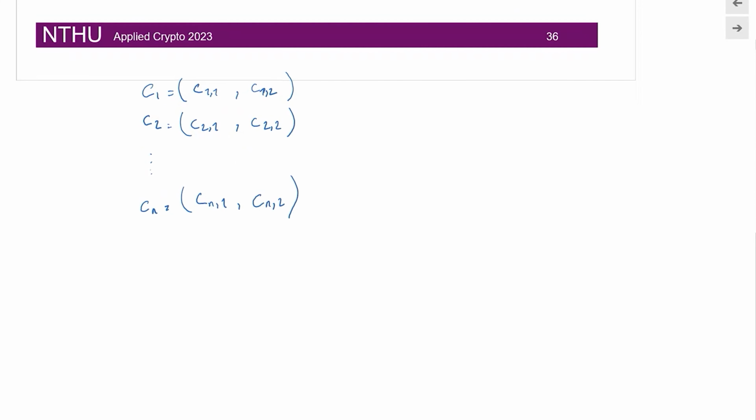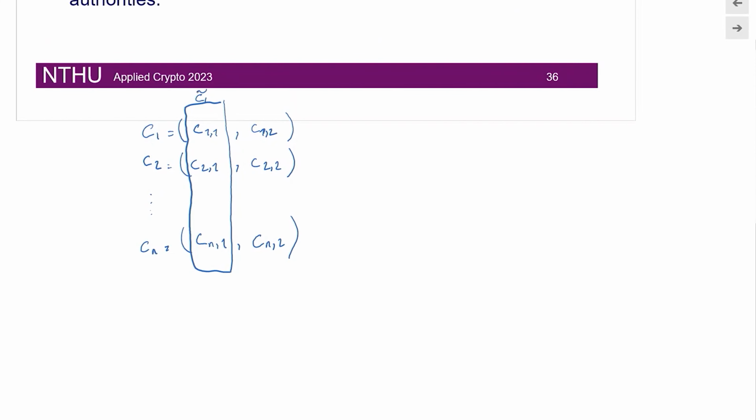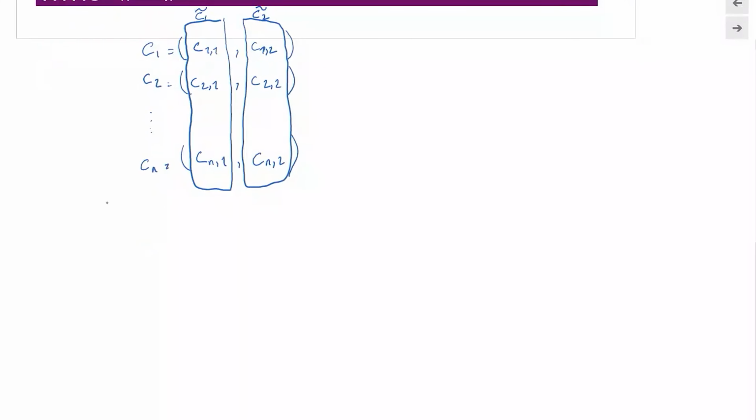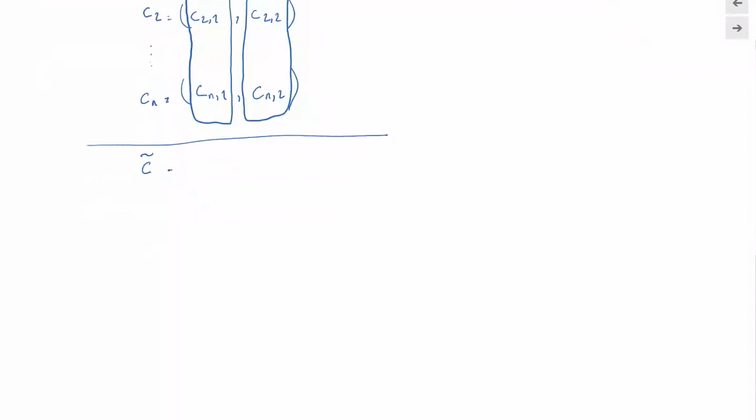When we multiply them together, we are basically multiplying all of these together. At the end, we are going to call the first part C1 tilde, and after we multiply everything together, we call the second part C2 tilde, right? So together, after we do this computation, we get C tilde, which is the multiplication of all of them. It's going to be C1 tilde and C2 tilde. Okay, this is the notation that we are going to use.